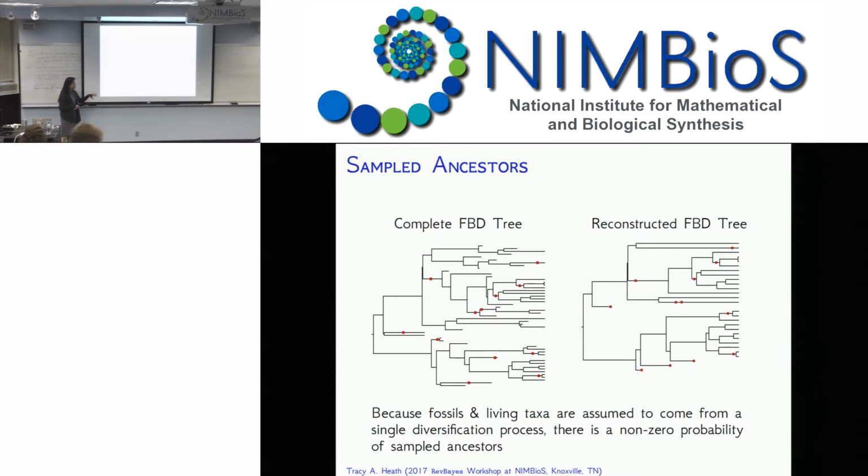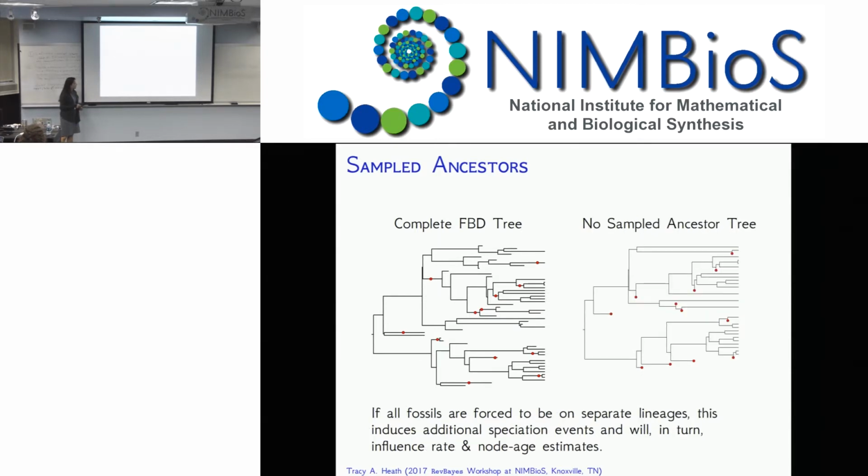And because our sampling is happening over this diversification time, there's this non-zero probability of sampling these sampled ancestors. If we use some approach that doesn't allow sampled ancestors, then we end up inducing a lot of extra speciation events and extra extinction events in the tree that can then lead to some biases in our estimates of other parameters.